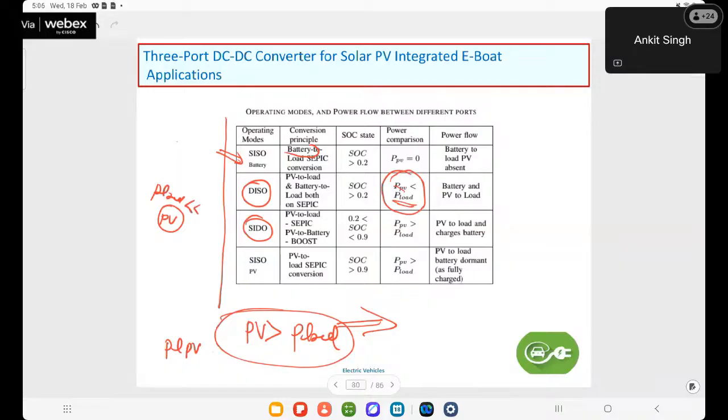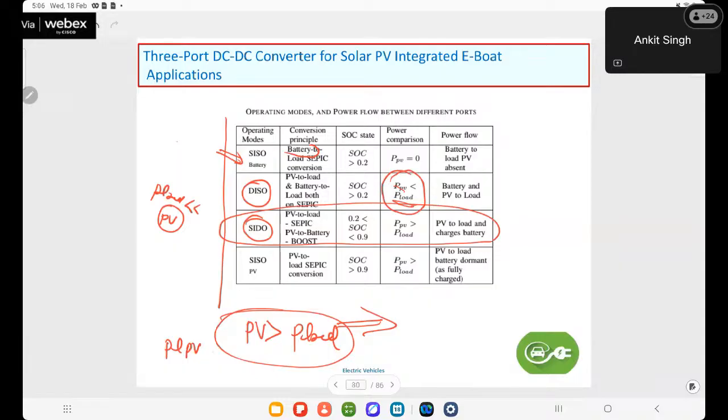So we should design the converter system and our control in such a way that it can bypass the excess power to the battery and some power to the load directly. This is a very important mode.